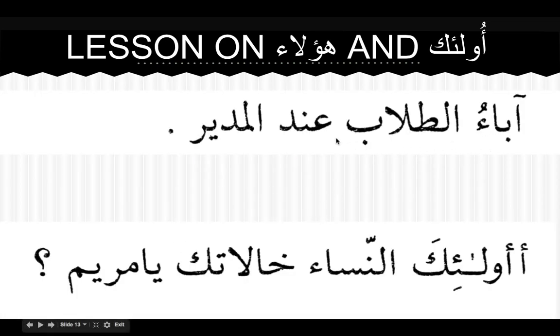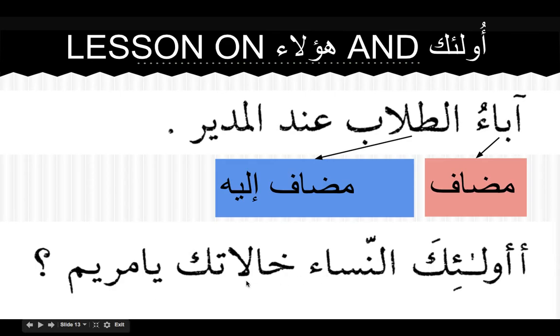Aba'ut tullabi indal mudiri, the fathers of the students. Aba'u is the plural of abun, mudaf, and at-tullabi is mudaf ilayhi. Where are the fathers of the students? Inda is zarf shibu jumla khabar, and the word after it is mudaf ilayhi, indal mudiri. So mudaf and mudaf ilayhi.